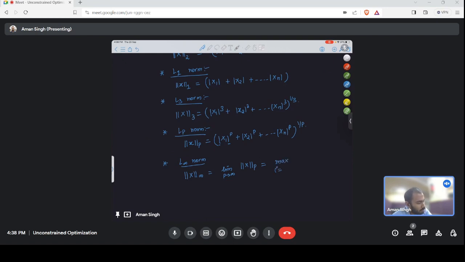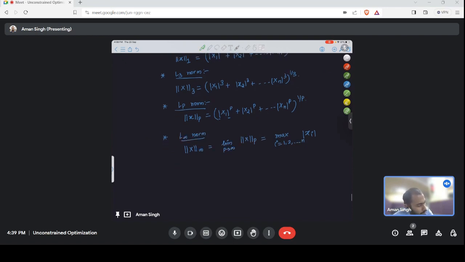If you move p to infinity, the maximum component will be so large that the rest can be assumed to be zero in front of it, and you get the absolute value of the maximum component. So this is what the L infinity norm is. These are some examples.